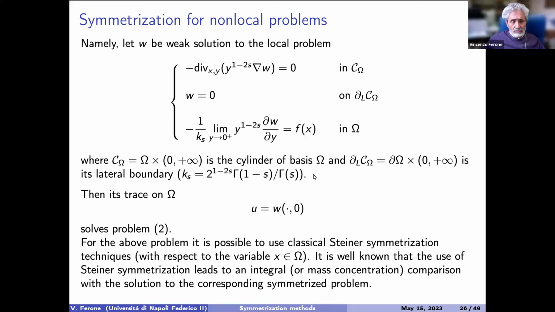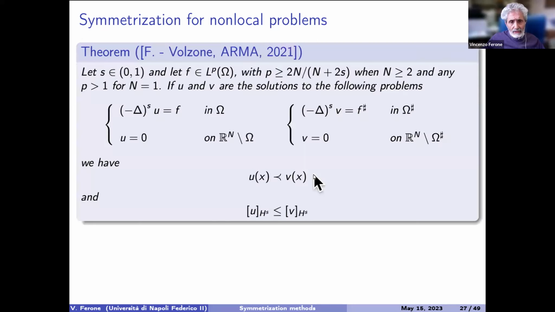And so we get an inequality between solutions of minus delta s u equal to f and minus delta s v equal to f sharp.